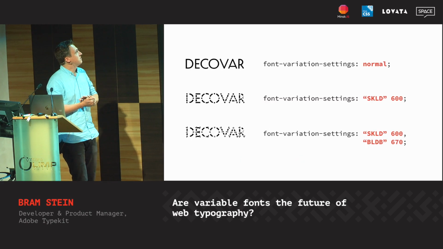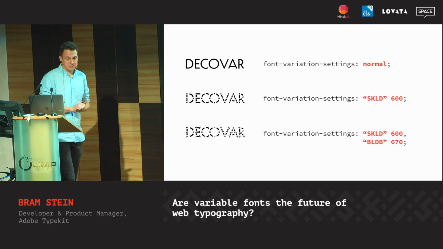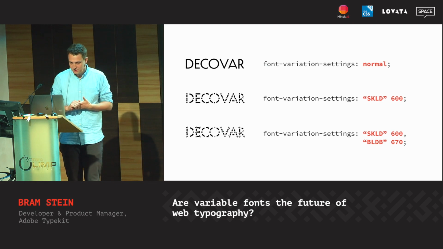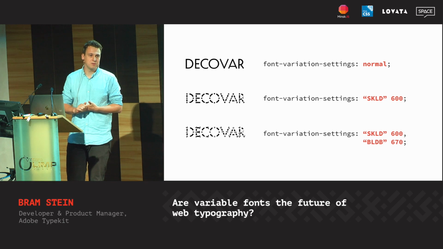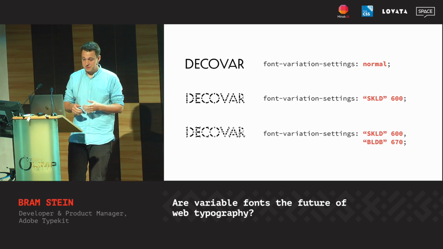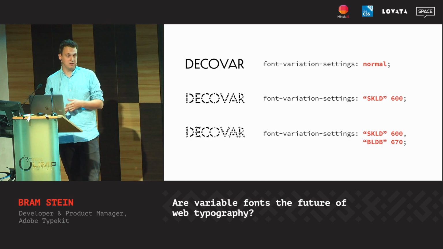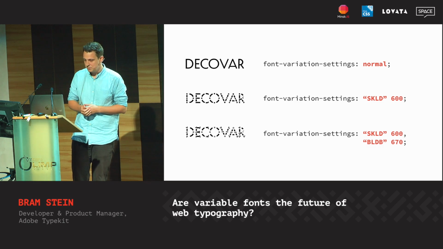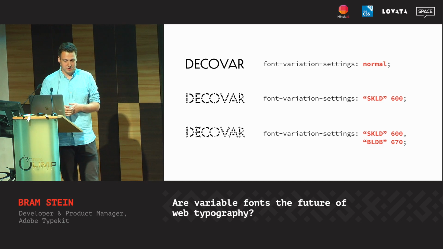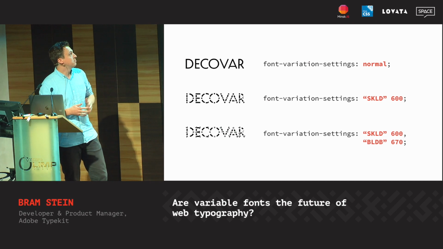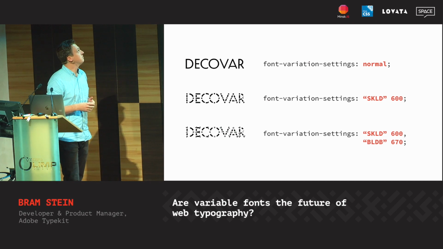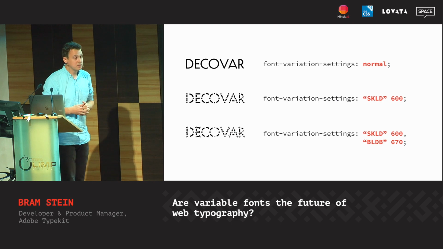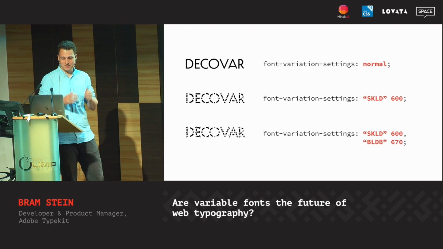So I said I would get back to the font-variation-settings property. It allows you to control the custom axes in variable fonts. And its syntax is very similar to the font-feature-settings property that you might have used for OpenType features. And you can set values for one or multiple design axes. So here at the top, I'm showing the default value of Decovar, which is the normal design.